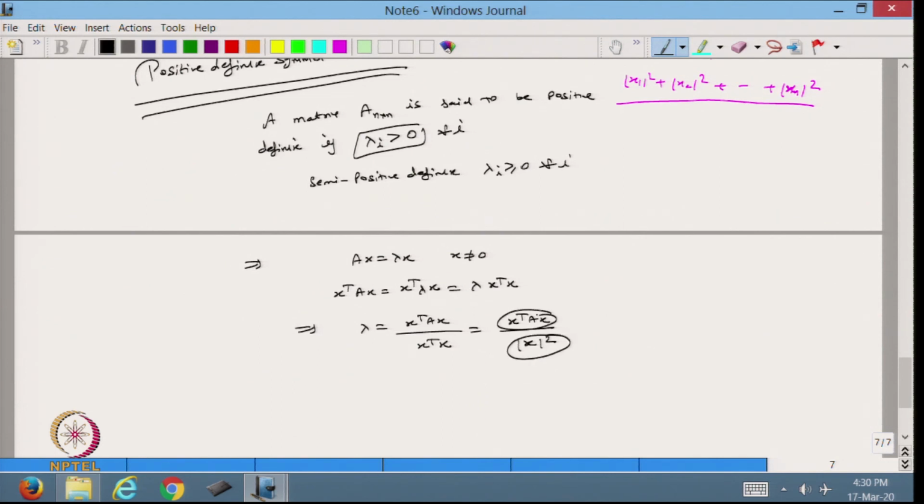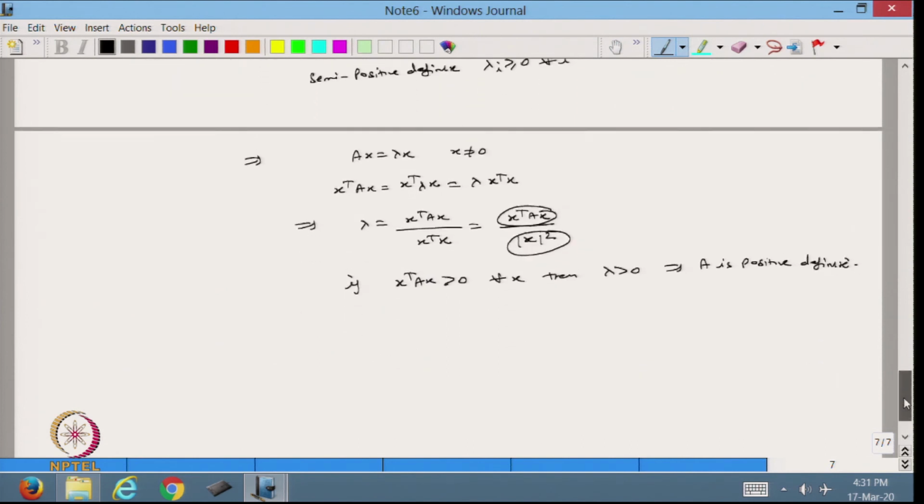If x transpose Ax is positive for all x, then my lambda is always positive, and then we will say that A is positive definite.